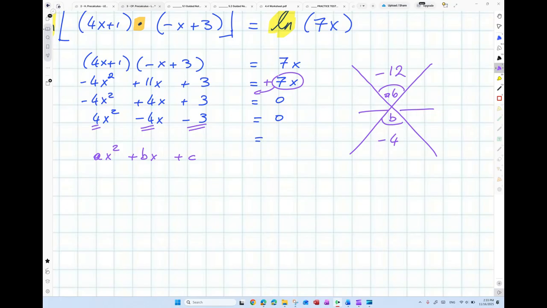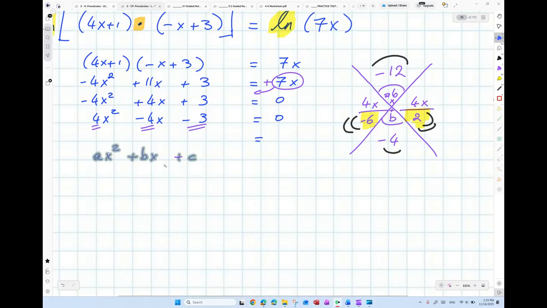Then I need to find two numbers that multiply as a times c and add up as b. For that, I would have -6 and +2. See, -6 times 2 is -12, and -6 plus 2 is -4.